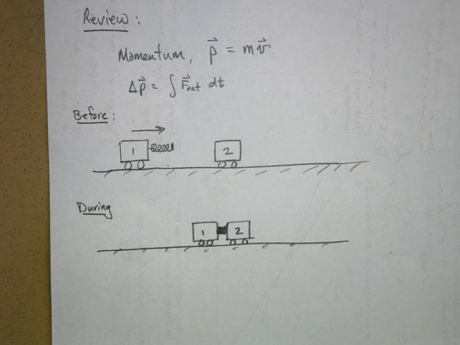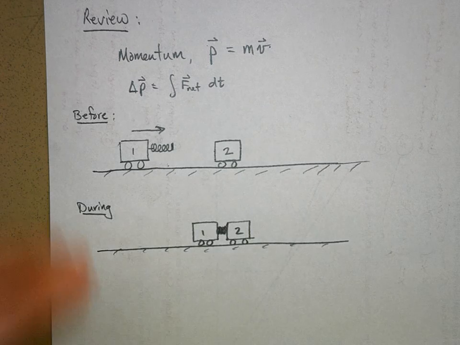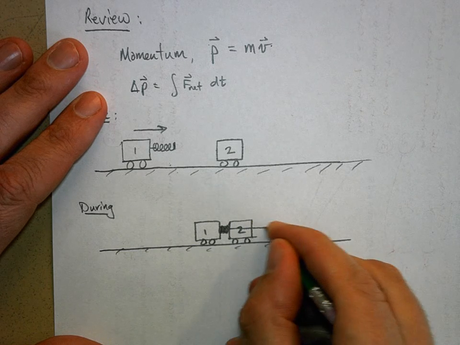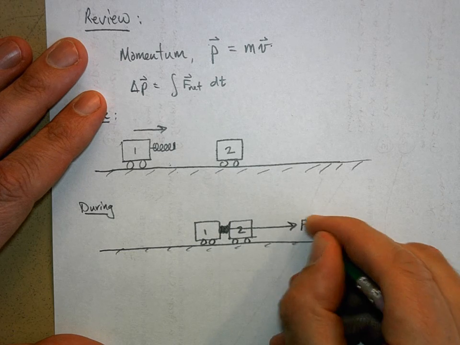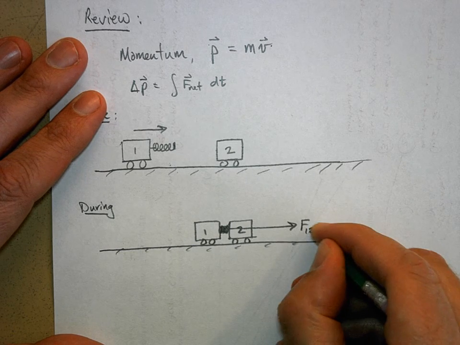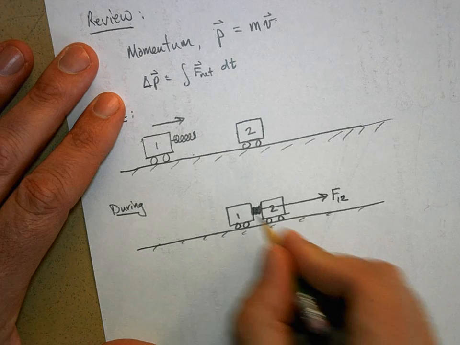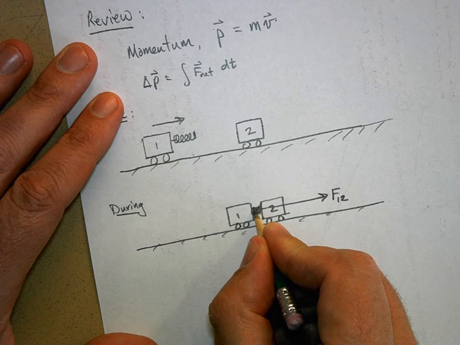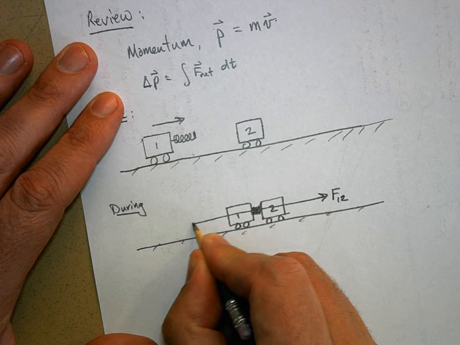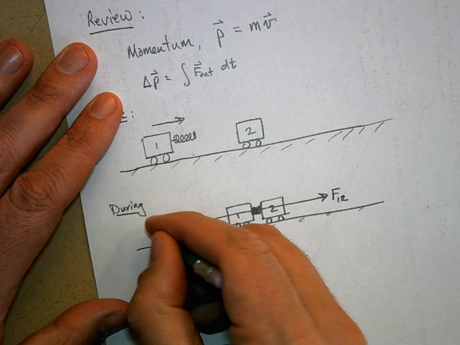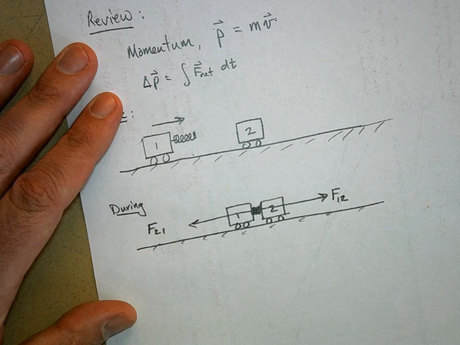They're equal and opposite. So here's a force. This is the force of object 1 on object 2. And equal and opposite to that is the force of object 2 on object 1.